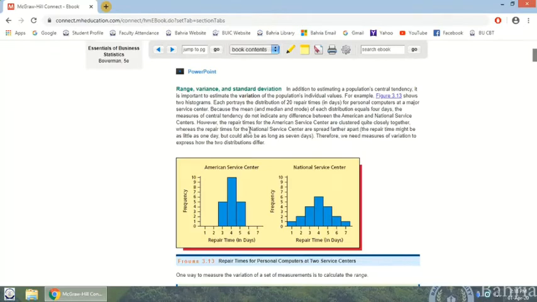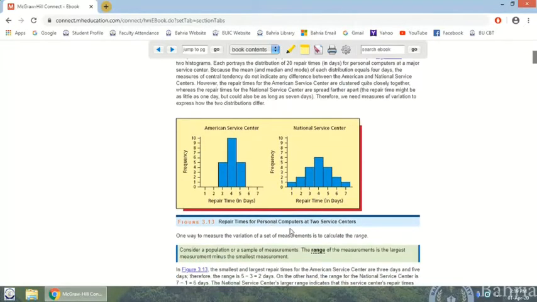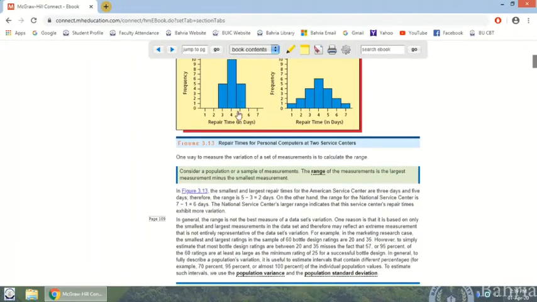Now the repair times for the American Service Center are clustered quite closely. Like I said, it's compact, whereas that of the National Service Center is spread farther apart. And if they ask you to find the range in both cases, that would mean the number of days that they take.